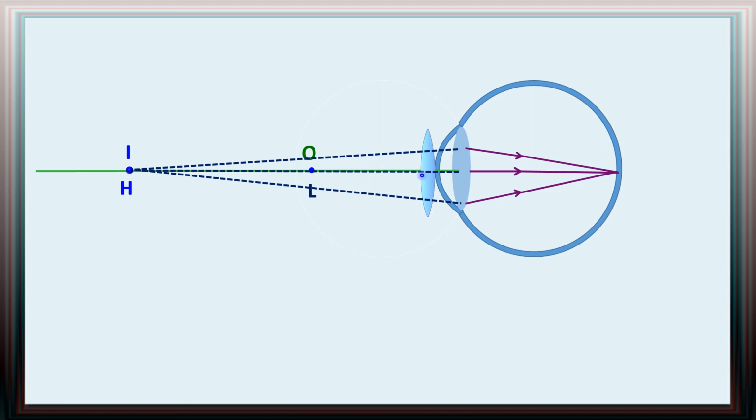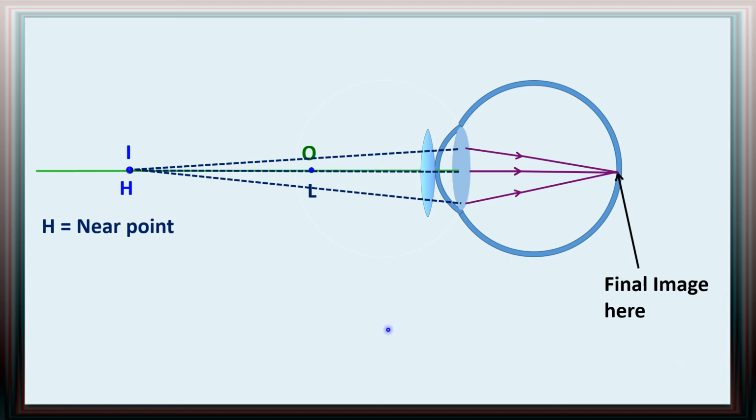Then it forms its image either at H or beyond H. Then that image will act as the object for the eye lens. Then the eye lens will form the final image on the retina. Okay. So the final image is on the retina.